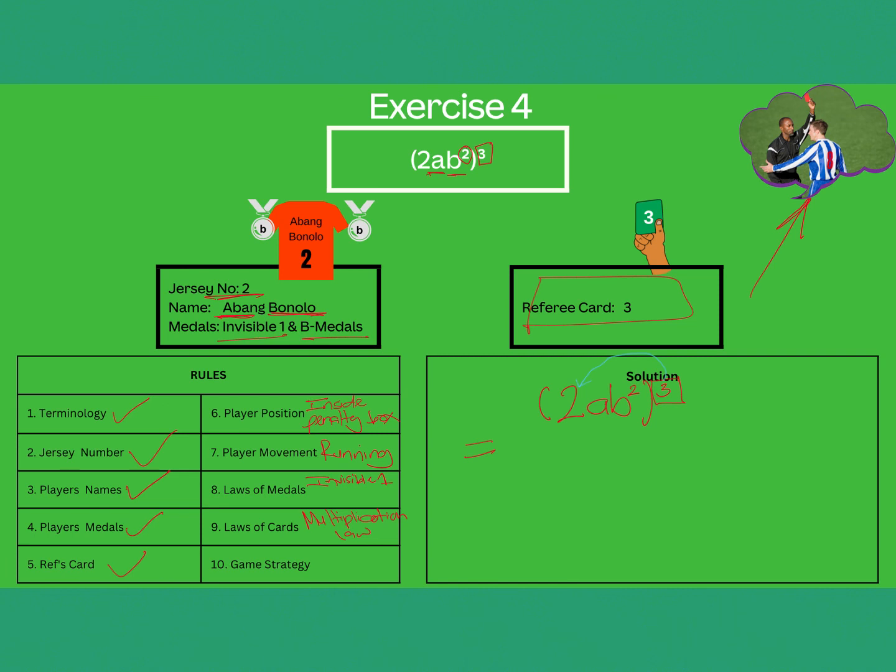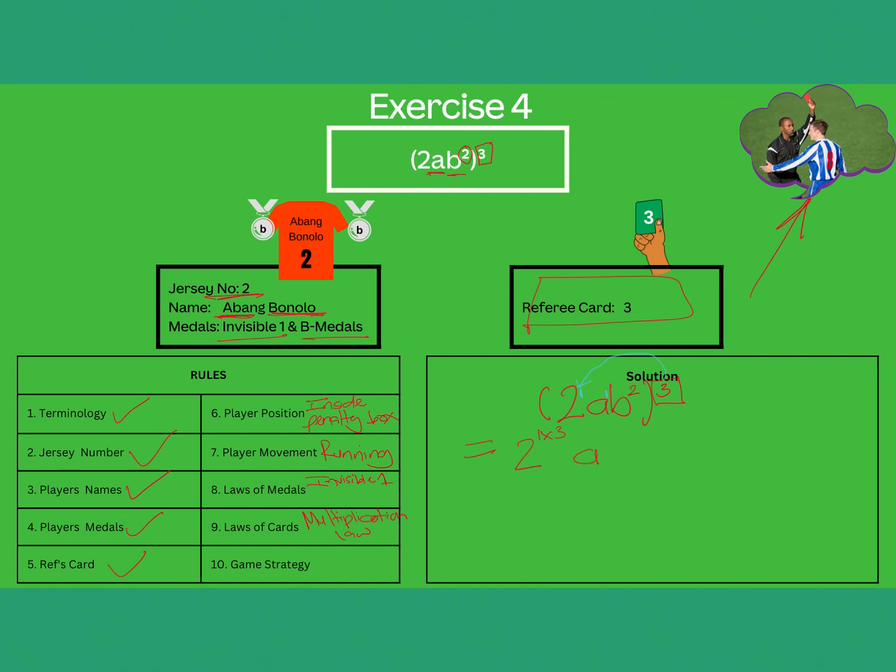So there's an invisible 1 medal for the jersey number, invisible 1 medal for the player's name, Abang. And for the name Bonolo, we actually have a 2, so we can see that one. Which means when we're solving, we will say 2, 1 times 3 at the top.